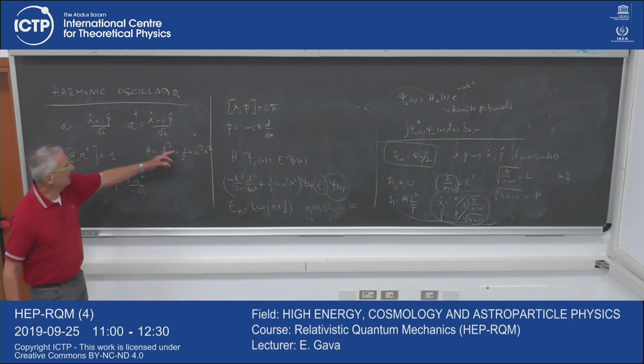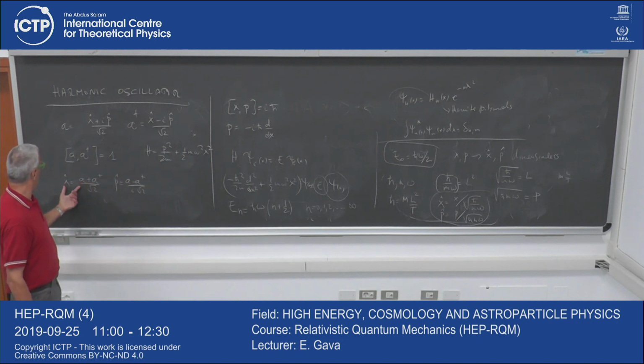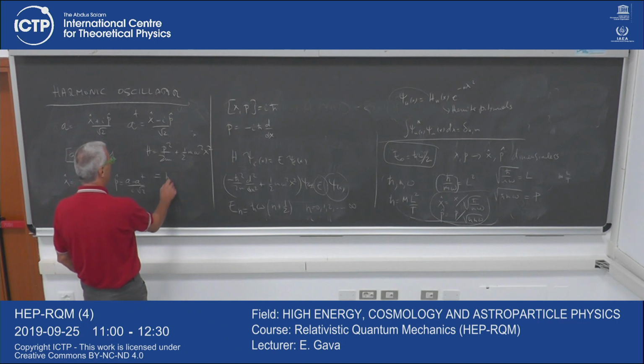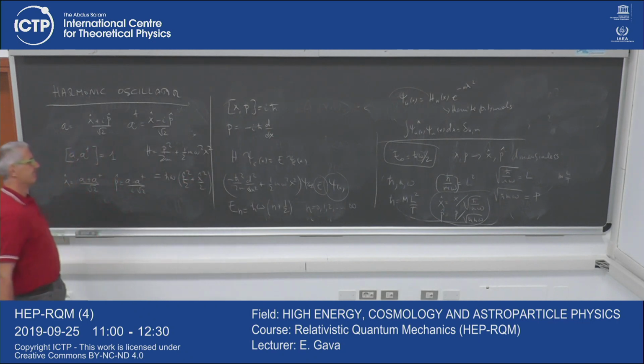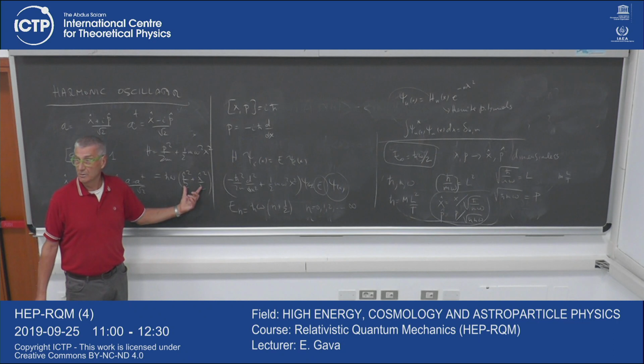Then you can rewrite this in terms of the dimensionless variables: this becomes h bar omega times p hat squared over 2 plus x hat squared over 2. This has dimension of an energy, and this is dimensionless.